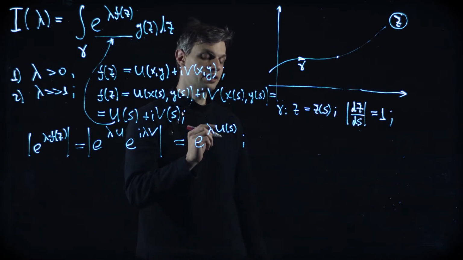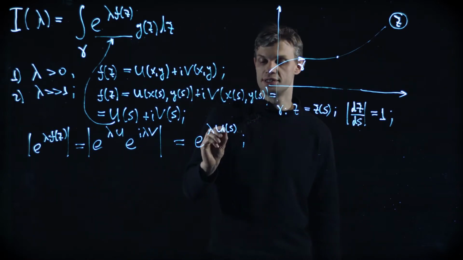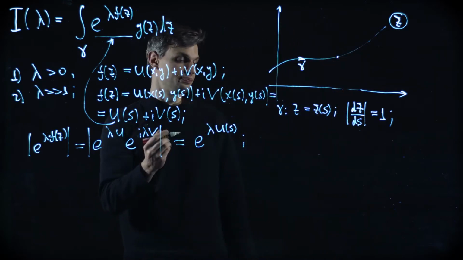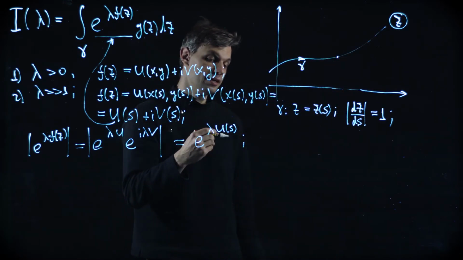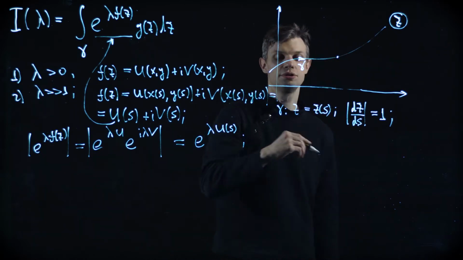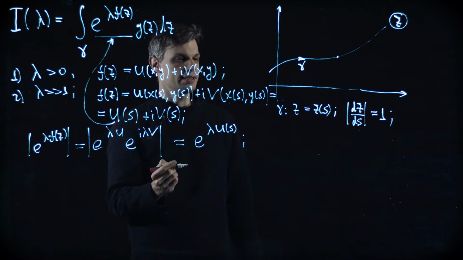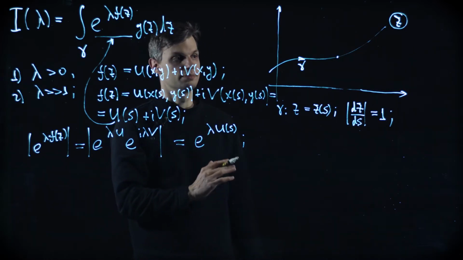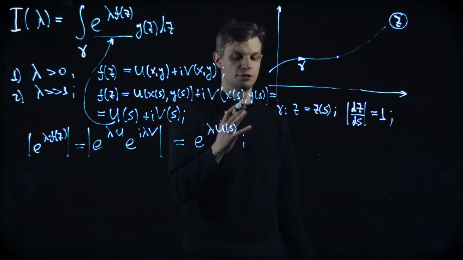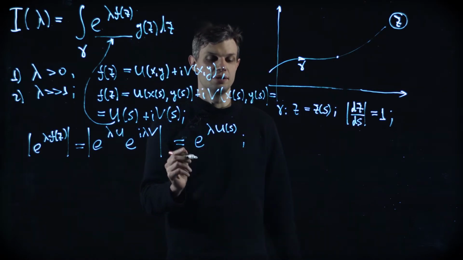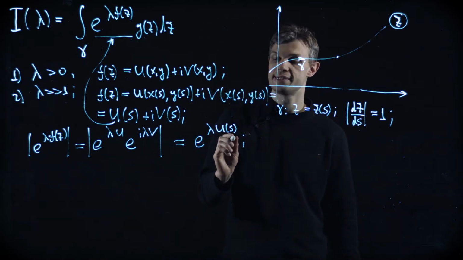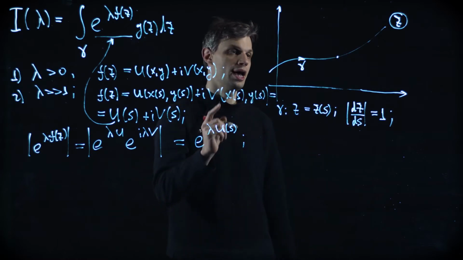Now, let's track the possible behavior of this u function when we move along the contour. The behavior may be arbitrary; it's a smooth function since it's analytic. So it may be monotonous or non-monotonous. The monotonous case is slightly less trivial, and we'll discuss it later. Right now, for pedagogical reasons, we'll consider the easiest possible case where u of s has a single extremum as we move along the contour.